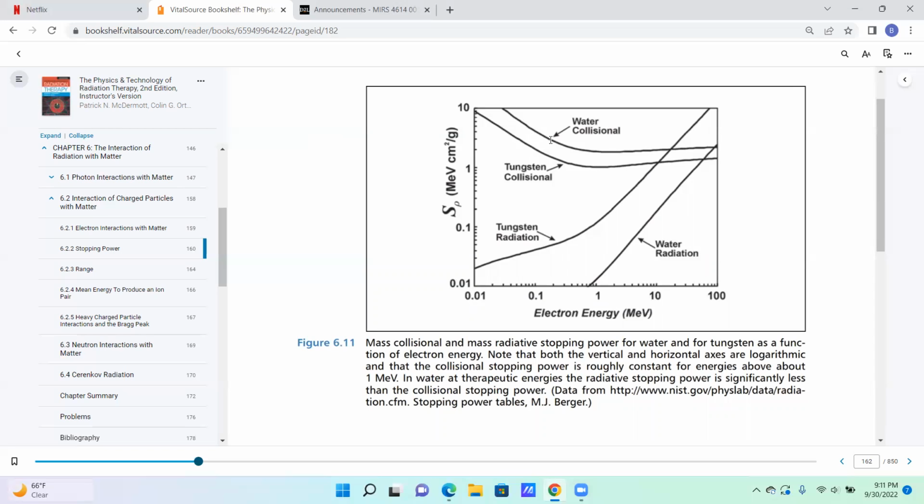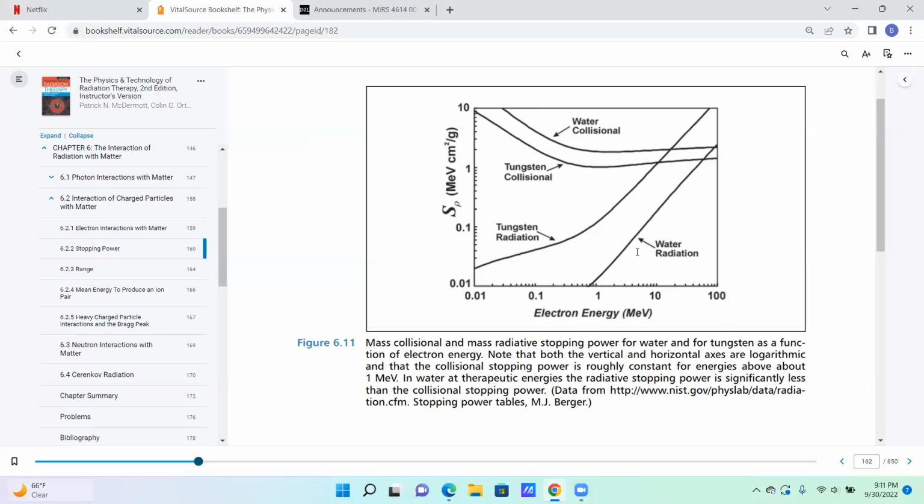The mass stopping power here for water, if you look at it from the collisional aspect, is going to be up here. As your electron energy starts to increase, your stopping power sort of comes down, but then runs fairly consistently out this way to increasing energies.